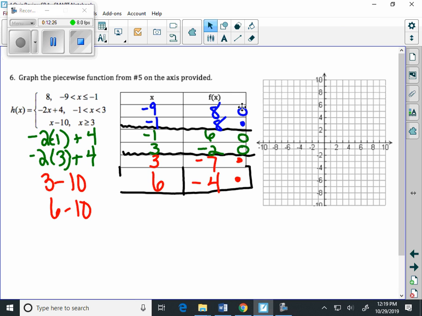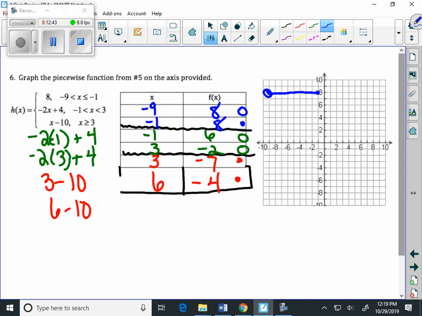And we draw the picture. Negative 9, 8, and that needs to be an open circle. Negative 1, 8. And here's our first piece.